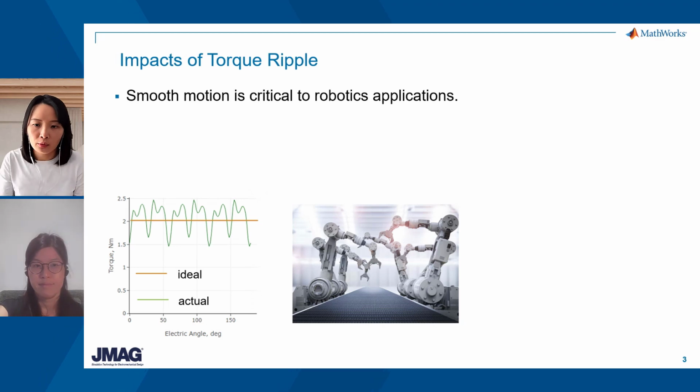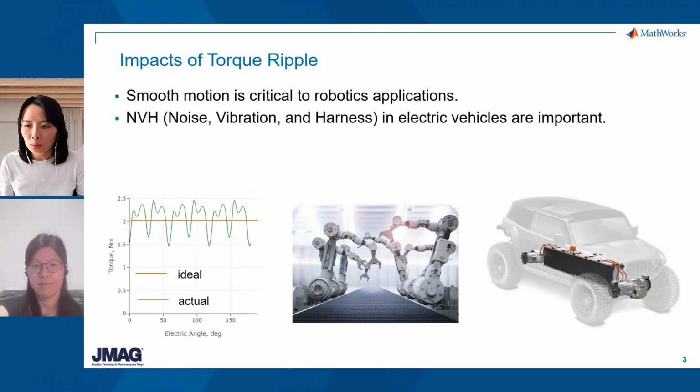On the other hand, the automotive industry is moving towards more electrification, and it's more important than ever to analyze NVH, which is noise, vibration, and harshness. We know that permanent magnet synchronous motors continue to be the most dominant electric motors in electric vehicles, but their inherent issue is the cogging torque. High cogging torque can cause significant torque ripple during all kinds of speed operation. So these are the impacts of torque ripple in many applications.